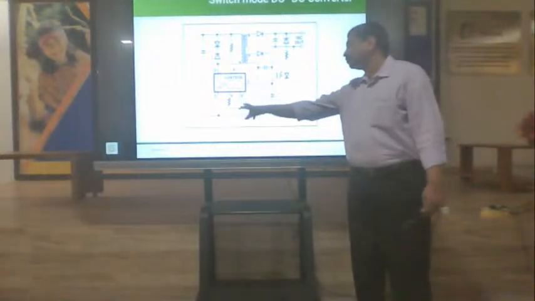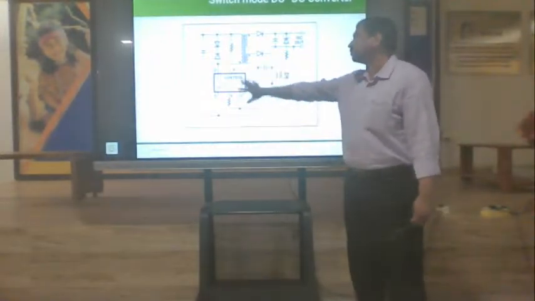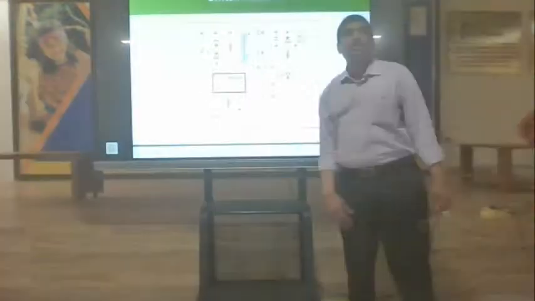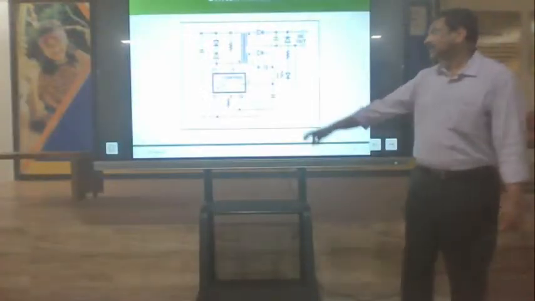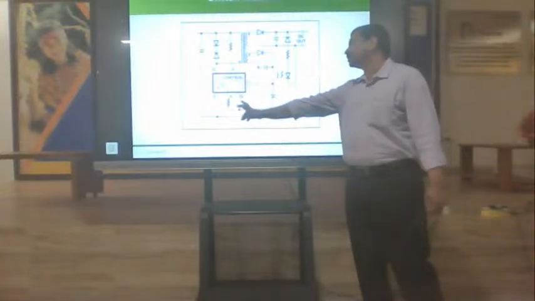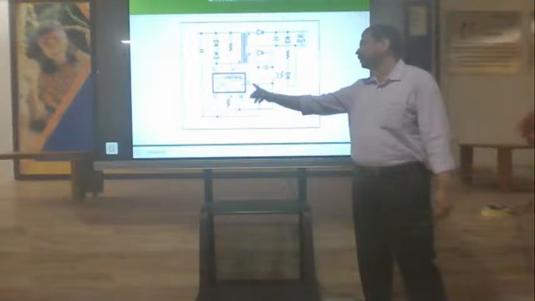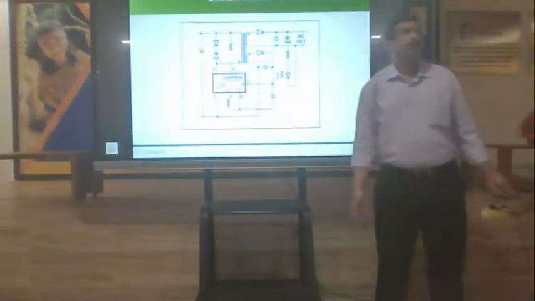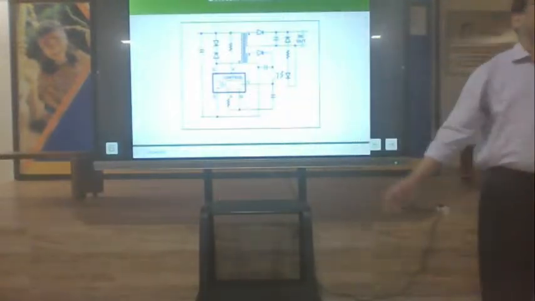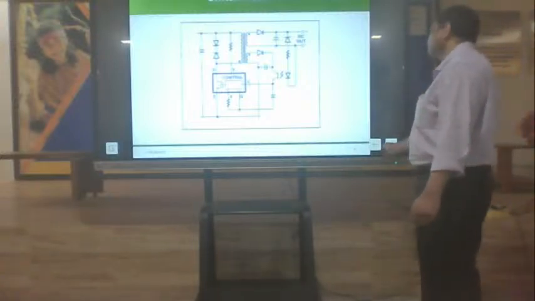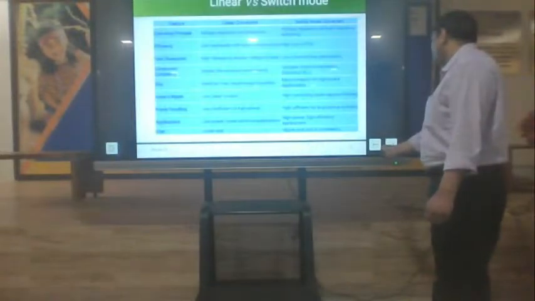If I connect a switch between these two and open this switch, the converter will stop operating. A detector senses the input voltage. When I find it is less than that, I can disconnect any of these pins. If I ground this C pin, it will go off. If I open this G pin, the controller will not function. So the output will not be there, and it gets protected from that low voltage.